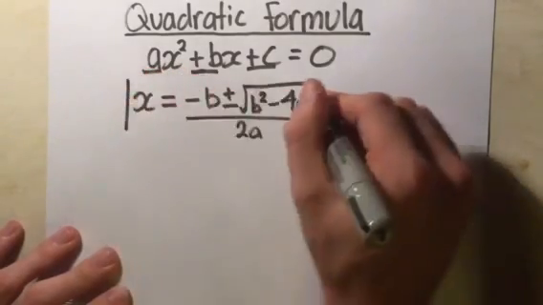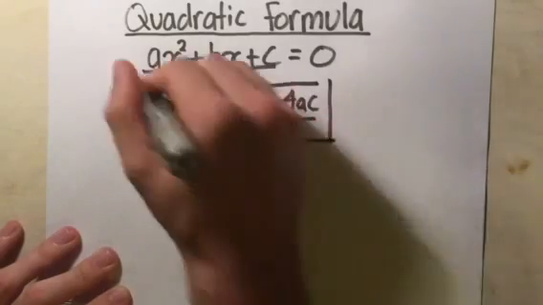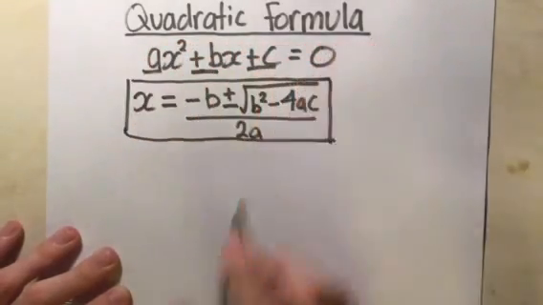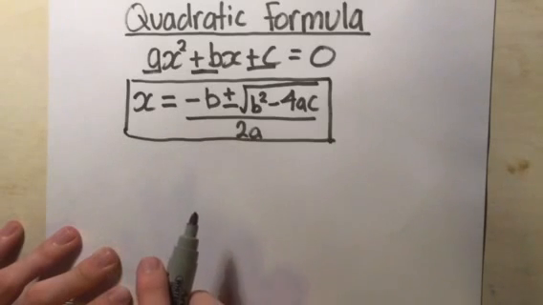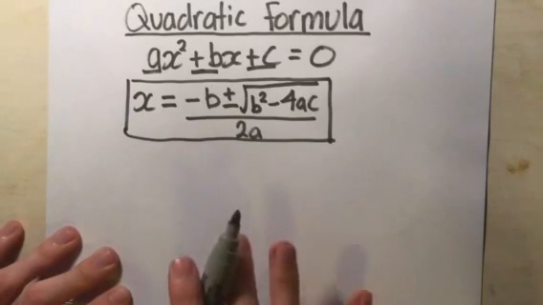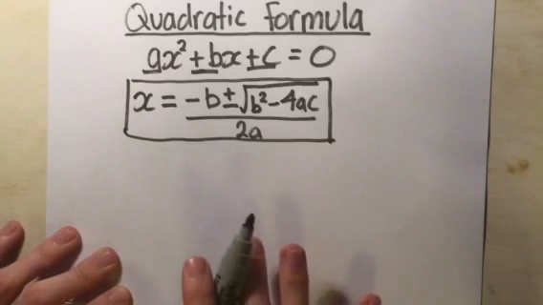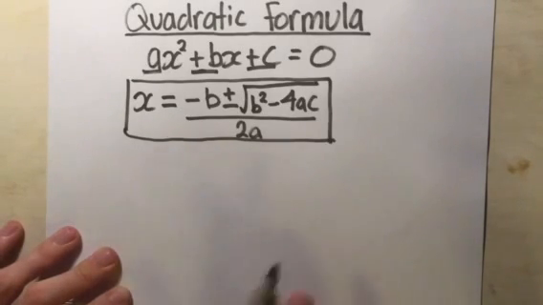And that is our formula to solve any quadratic. Now it looks a bit complicated, so I would recommend writing this formula out about 5 times so that you absolutely know it, because it's going to be your backup method to find the answer for any quadratic if you can't use a different method like factoring or completing the square.